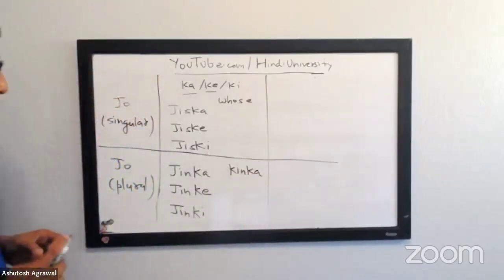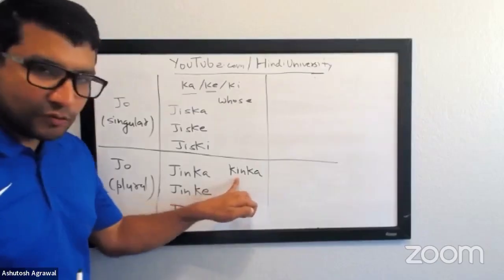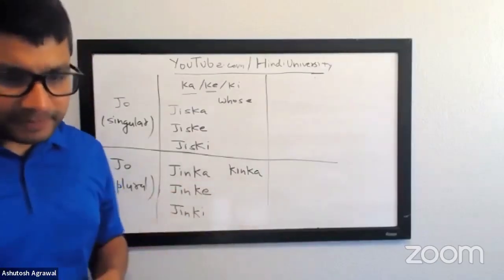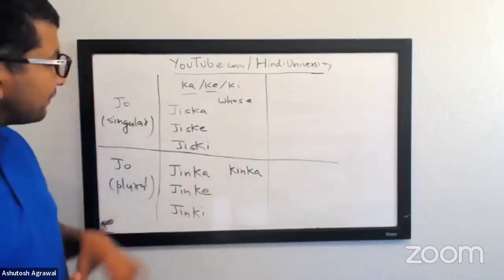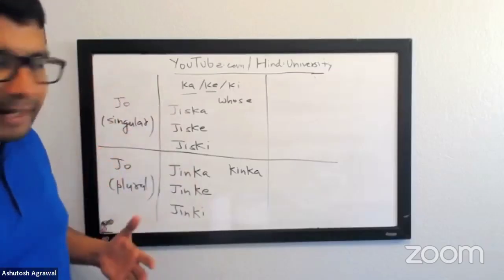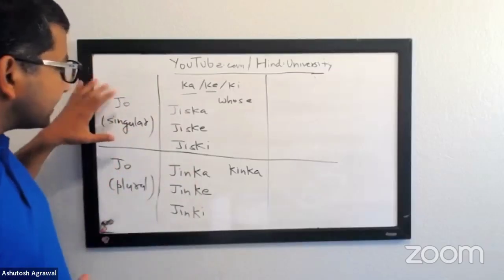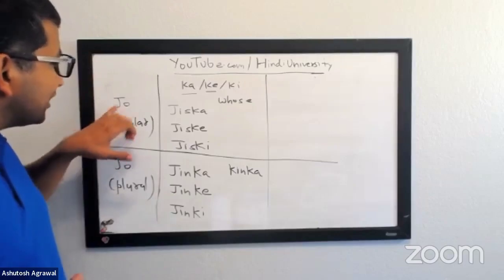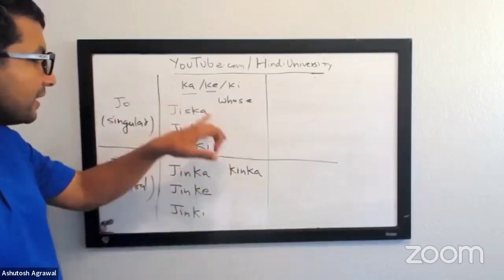Okay, किनका. Okay, if it is hard for you guys, don't worry. We'll go over it. Right now I'm just making a table. Okay, if it is hard, just stick with this one. Plural will come gradually, but as I said, in English there are multiple pronouns corresponding, like whose.